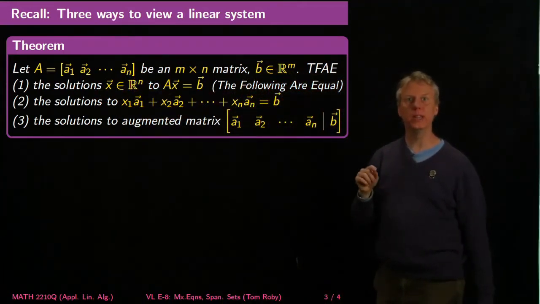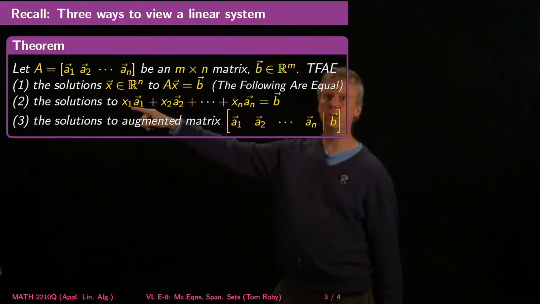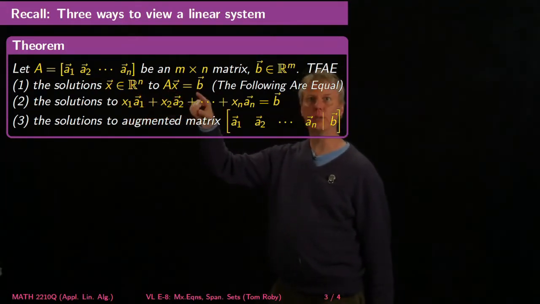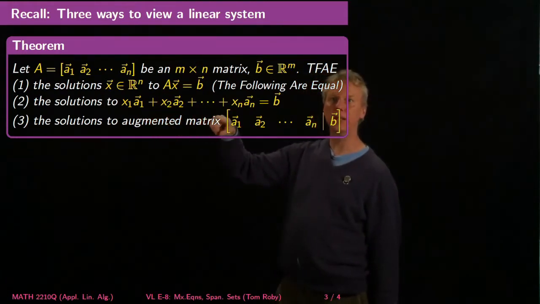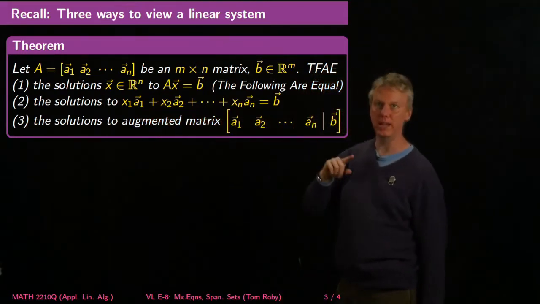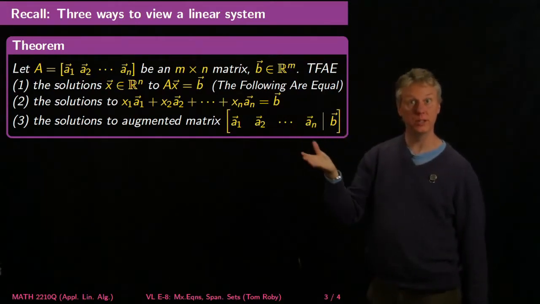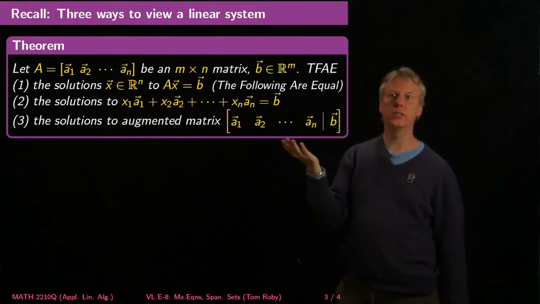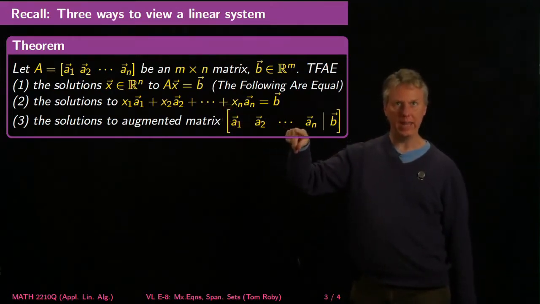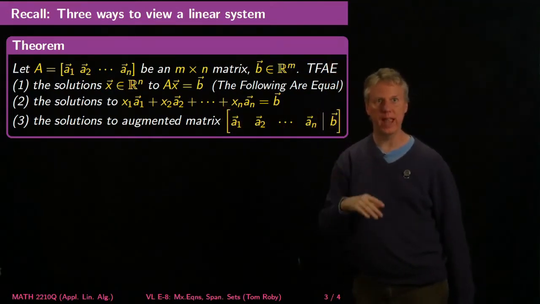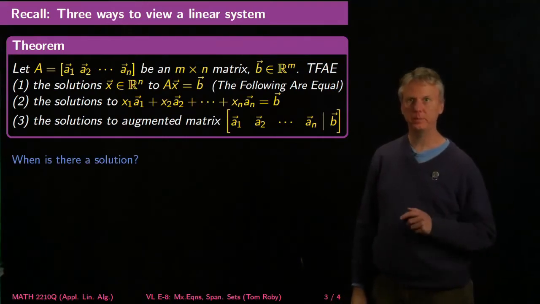The following things were equal: the set of solutions in R^n of Ax equals b, which can also be thought of as the set of linear combinations of the columns of A which give me b, the coefficients that I put in front of them. And those are also the solutions to the augmented matrix given by A with the vector b to the right of it.